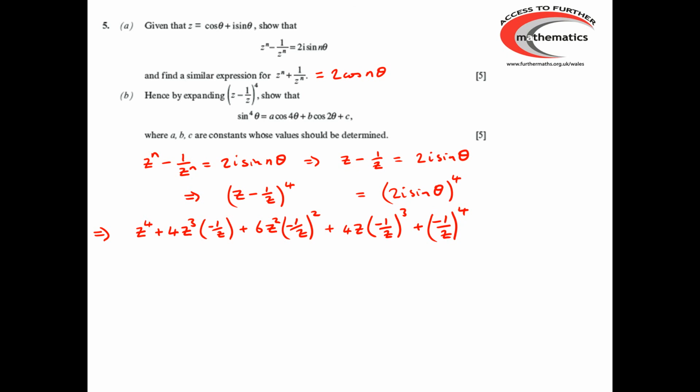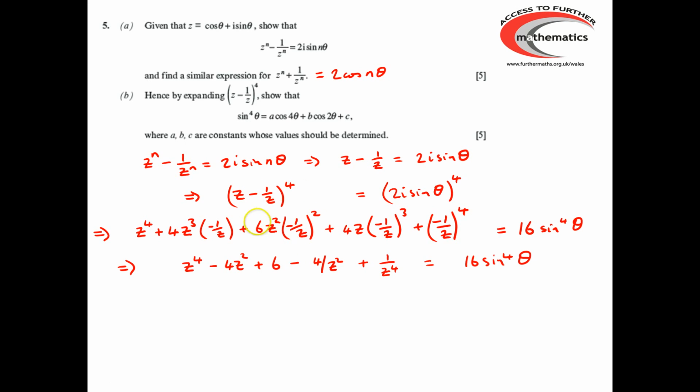So the right hand side is 16 times sine to the power 4 theta. Let's tidy up the left hand side. The first term is just z to the 4. The second term is minus 4, and then I've got z cubed divided by z, so that's minus 4z squared.